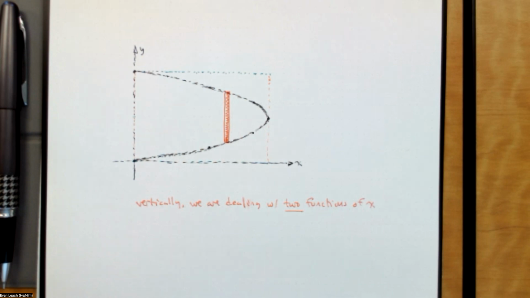The top half of the parabola and the bottom half of the parabola. Horizontally, we only have one function of y.